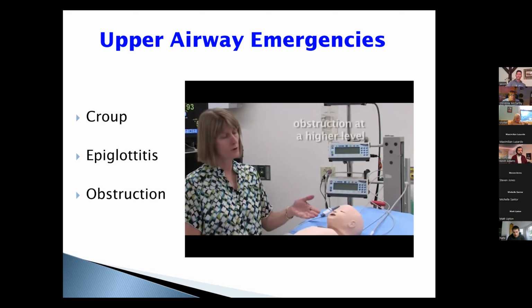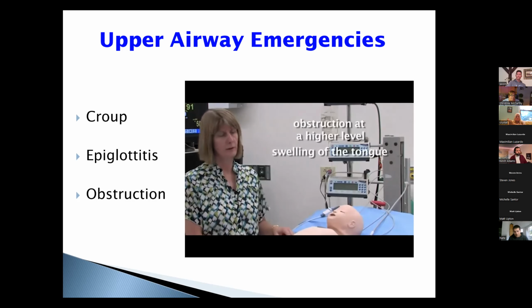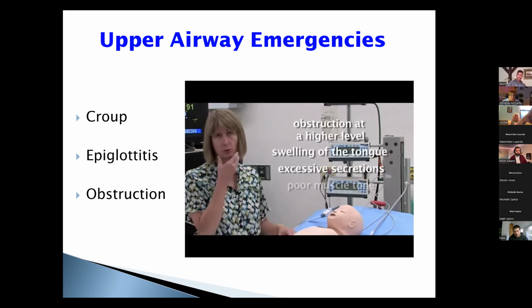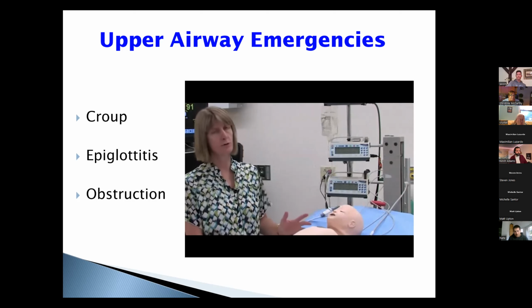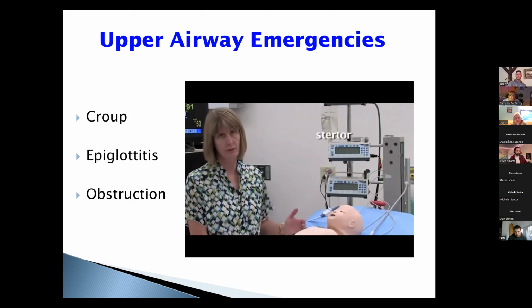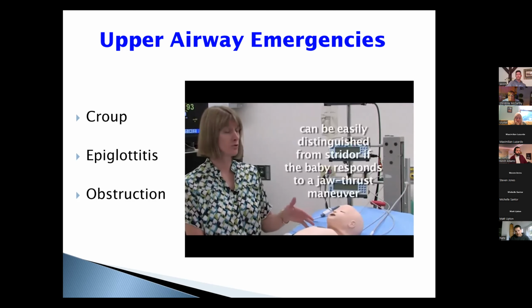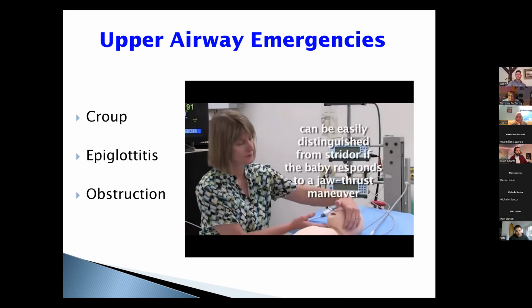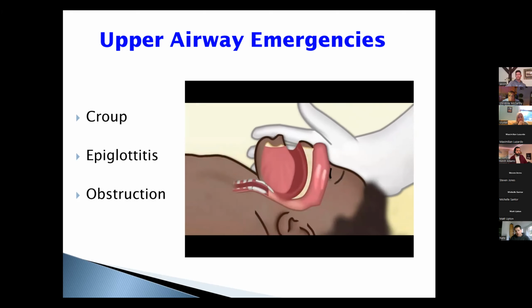If the infant has obstruction at a higher level, for instance swelling of the tongue, excessive secretions, or poor muscle tone resulting in hypopharyngeal obstruction, the sounds may be much coarser, called stertor, which sounds more like a snoring or rattling type of respiration. This can be easily distinguished from stridor if the baby responds to a jaw thrust maneuver, where when you relieve the upper airway obstruction from soft tissue, the noise improves.